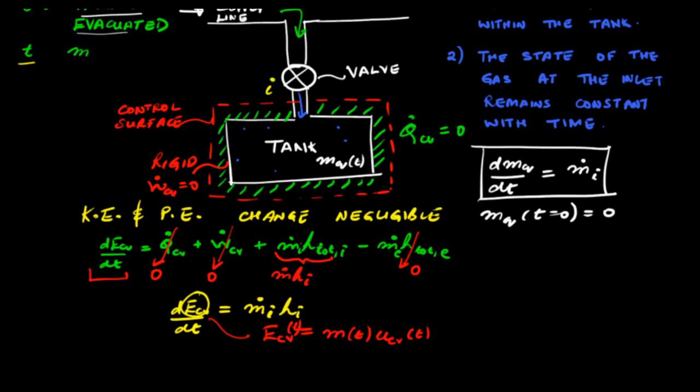Therefore, our equation becomes d by dt of m_CV times u_CV, both of which can be functions of time in general, is equal to m dot at inlet and specific enthalpy at the inlet conditions. Note that we have assumed that the inlet conditions remain constant with time. Therefore, h_i is not a function of time.